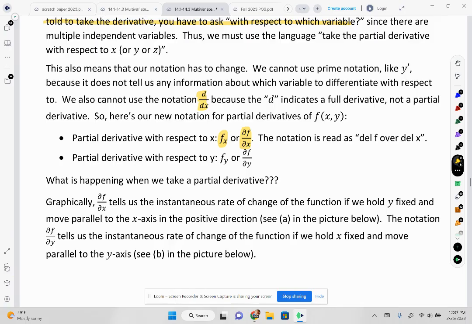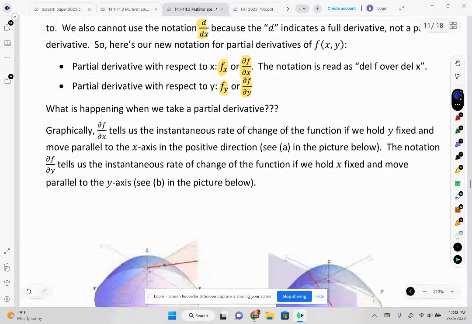Funny enough, even when I type this in, the code for it is \partial, so this is widely accepted notation to use. We would read it as del f over del x, and it would be understood that you are taking the partial derivative of the overall function with respect to the one variable x. And if we are dealing with derivatives with respect to y, we would use f sub y or del f del y.